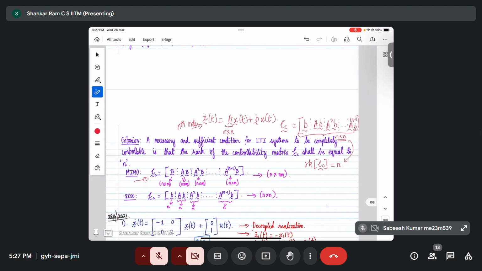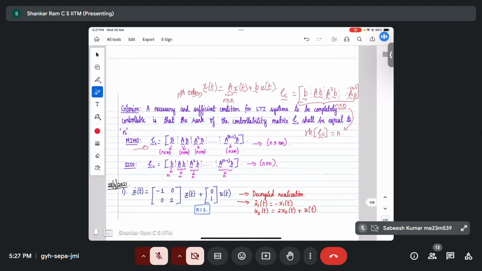Second question is on the controllability aspect. I saw another definition online: if the determinant of that matrix is not equal to 0, then the system is called controllable. I will tell you where that comes from.